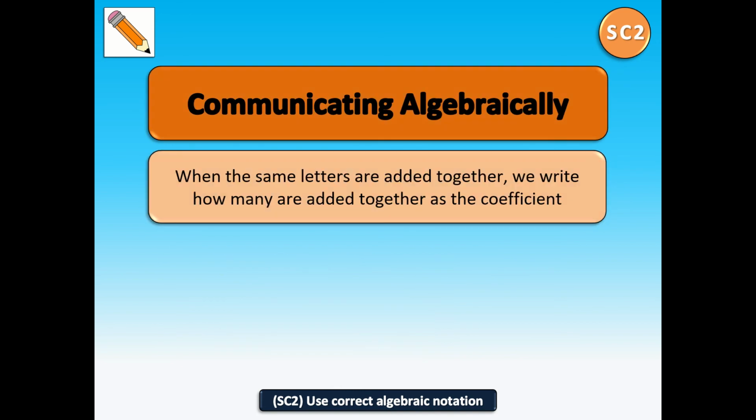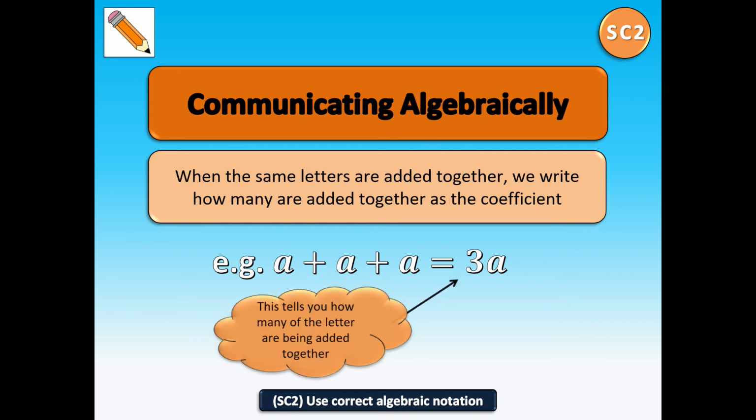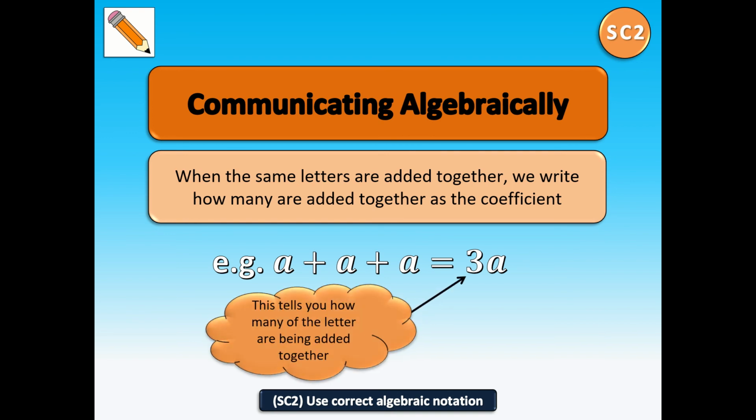When the same letters are added together, we write how many are added together as the coefficient. So a plus a plus a is 3a. And this tells you how many of the same letter are added together.